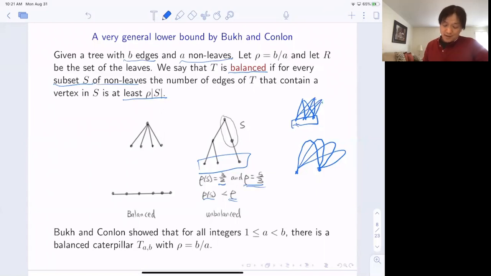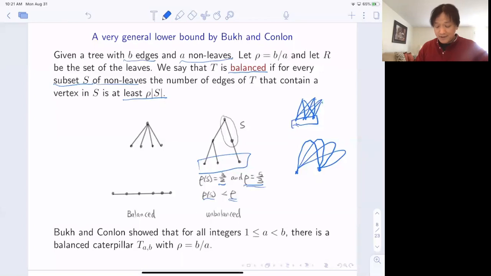So Bukh and Conlon show that for all integer pairs A, B with A at least 1 less than B, you can construct a balanced caterpillar T_{A,B}, whose rho is exactly B over A. Okay, so you can realize every possible B over A, essentially. And this caterpillar is quite natural, so I won't get into details, but if you read that paper, you can see it's a simple construction.